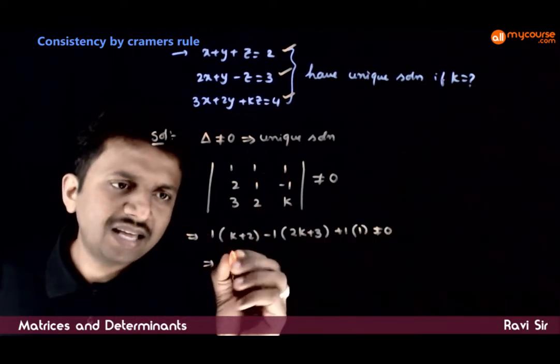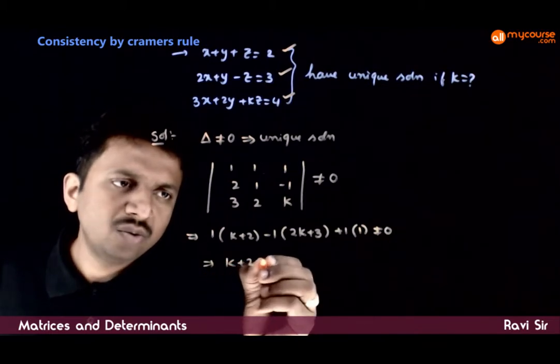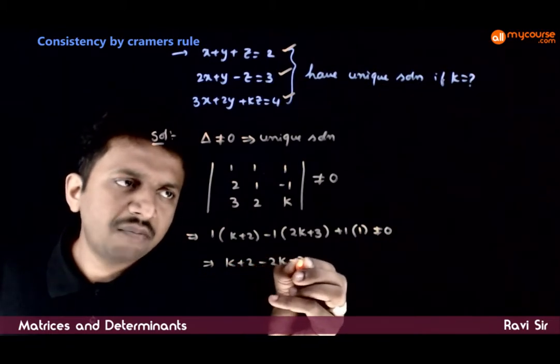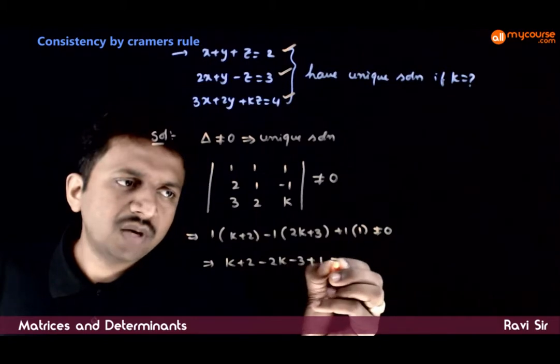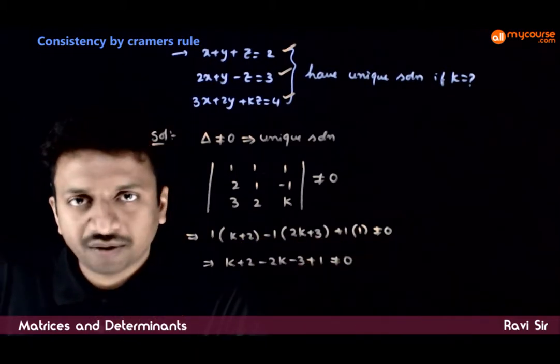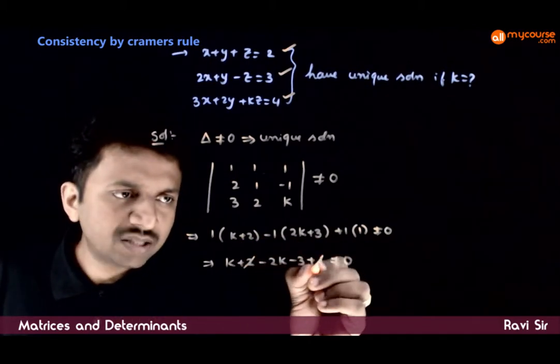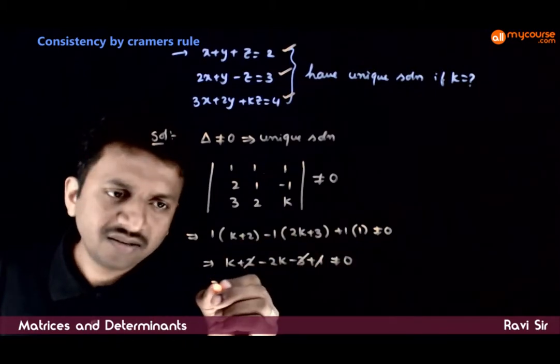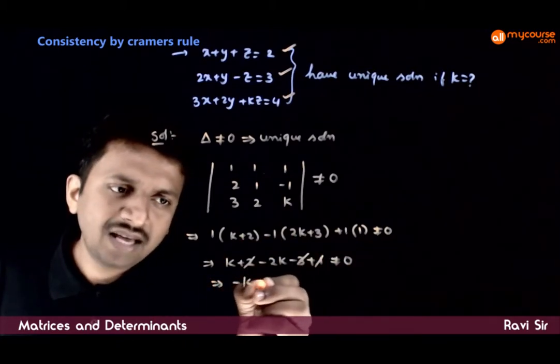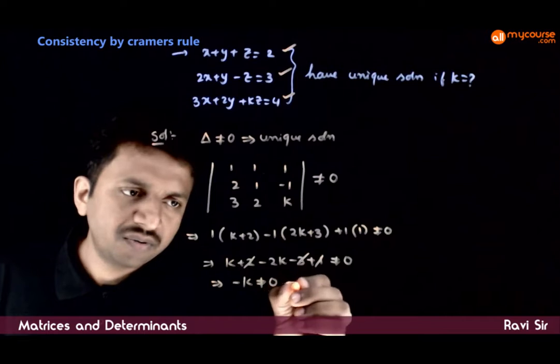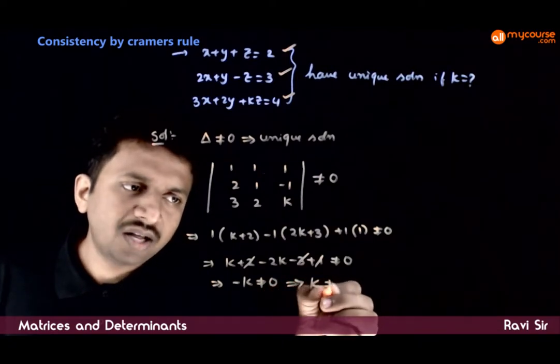So this implies k plus 2 minus 2k minus 3 plus 1 should not be equal to 0. So 2 plus 1 minus 3 gets cancelled. This implies minus k is not equal to 0. This implies k is not equal to 0.